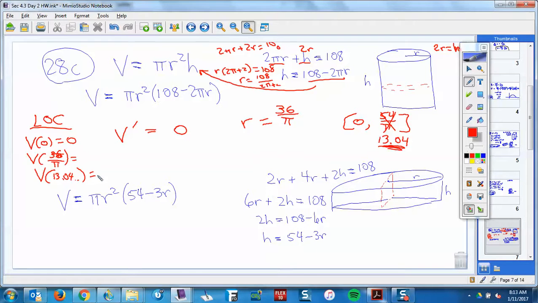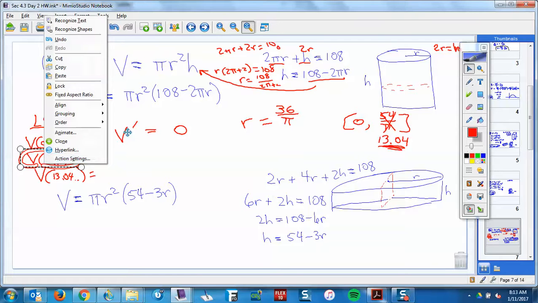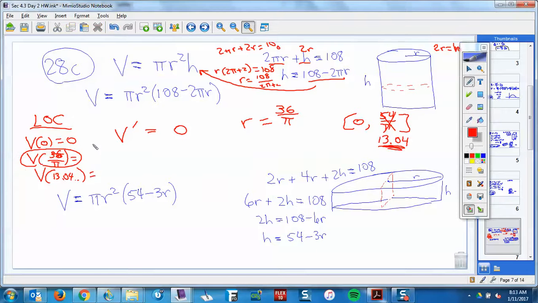So they came up with the volume on that one at 14,851, I think. If you plug 36 over pi back into there, you get 14,851, something like that, cubic inches.